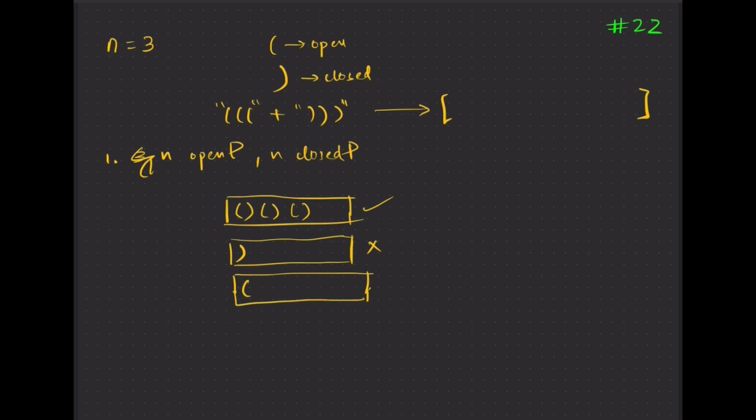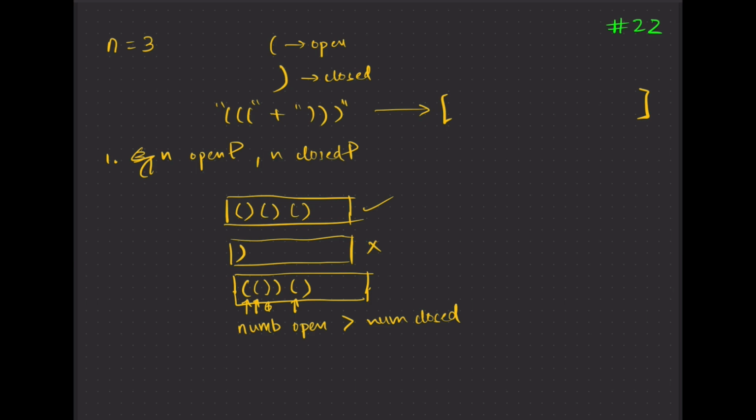Let's take a look at another example. We open a bracket, we open another bracket, and then we close it, and then we close it again. Then we open one more, and then we close it. So at each point of opening a new bracket, we have to check if the number of open brackets is greater than the number of closed brackets at that instance, and only then can we add a closed bracket, right?